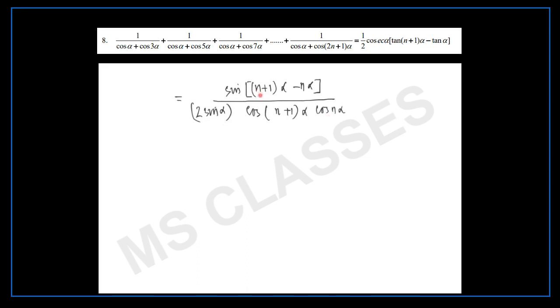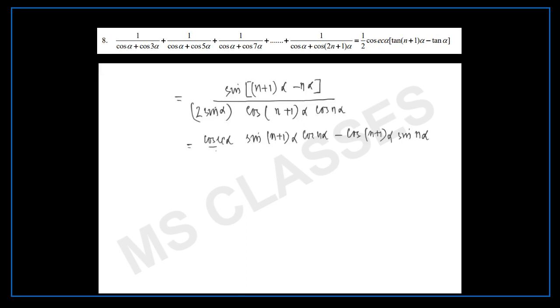Now the sine (A minus B) formula, that is sine A cos B minus cos A sine B.